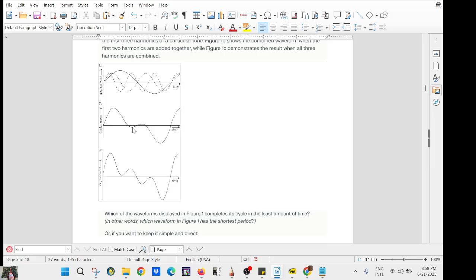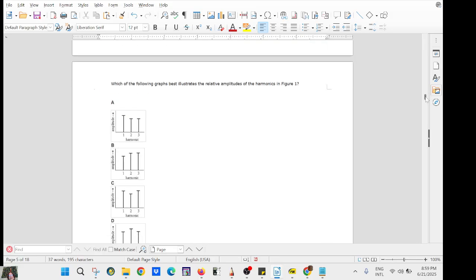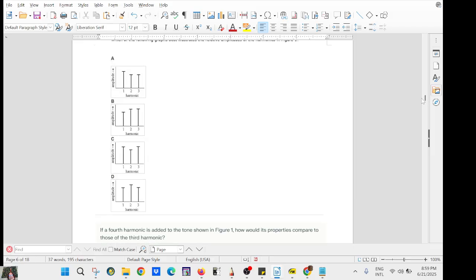So the second harmonic should be smaller than the first one. Then you add the third one, which is large also, not as large maybe as the first one, but larger than the second one. So we want a small second one, A or C. The second harmonic is the smallest, so the best answer will be C.